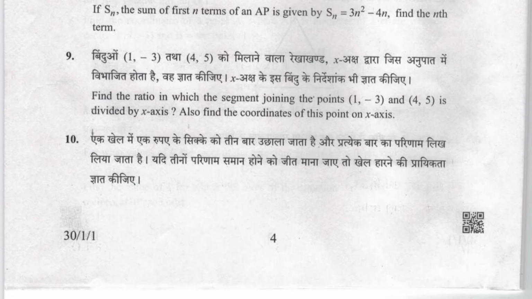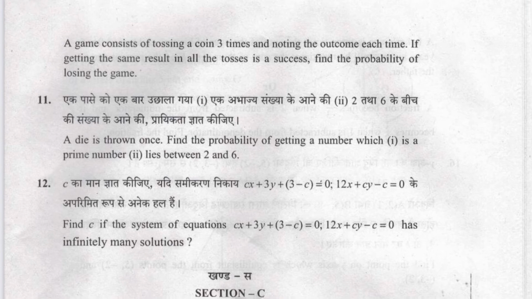10th question. It says a game consists of tossing a coin 3 times and noting the outcome each time. If getting the same result in all the tosses is a success, we need to find the probability of losing the game. Here total outcomes for tossing 3 coins will be 2 raised to the power 3, or it is equal to 8.